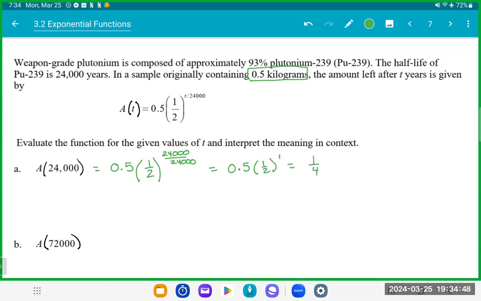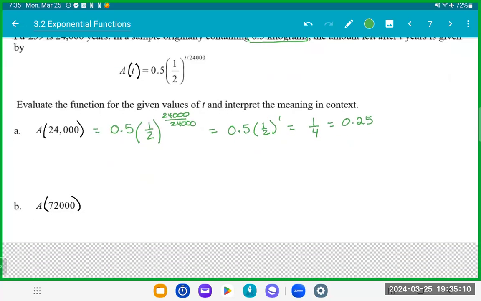So that makes sense, right? 0.5 goes to 0.25. So it takes 24,000 years for it to decay just to half of its strength. Okay. So how much would be left after 72,000 years?